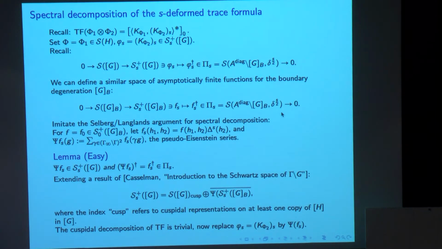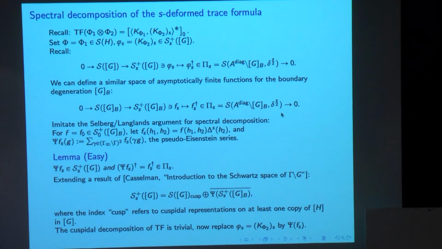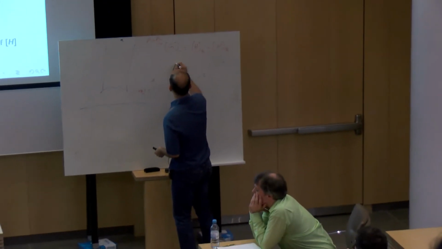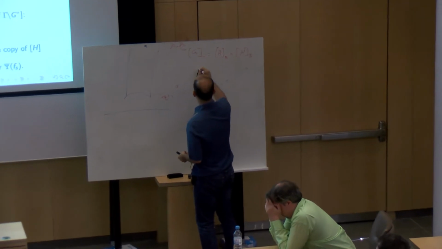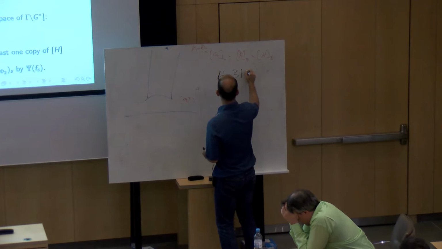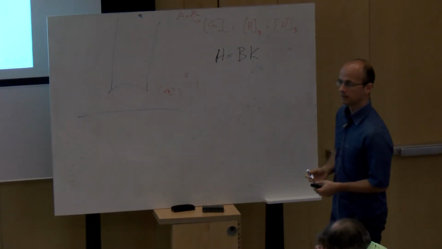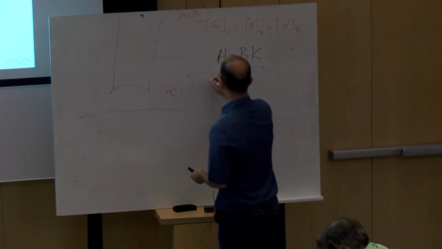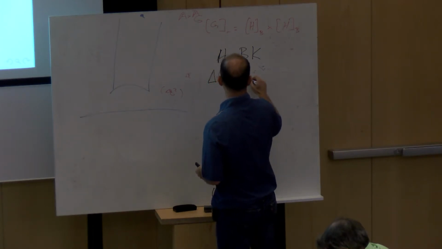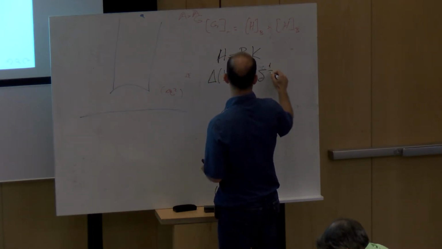So capital delta is this function that I'm using always to modify my behavior at infinity. So I have an Iwasawa decomposition h is bk, and then capital delta of b times k is delta 1/2 of b.